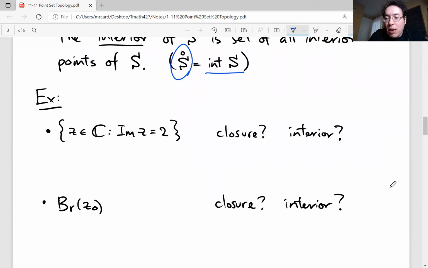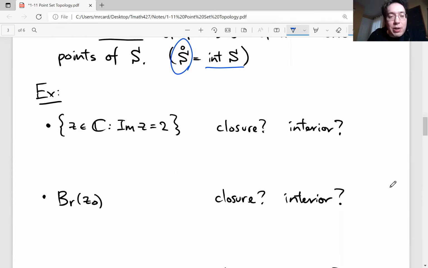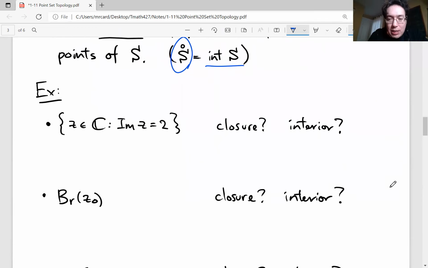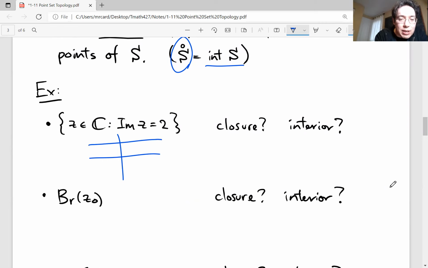Very quickly, we want to run through examples to see what closures and interiors look like. Let's see. The imaginary part of z equals 2. So this is a horizontal line at the vertical height of 2. This is already a closed set.